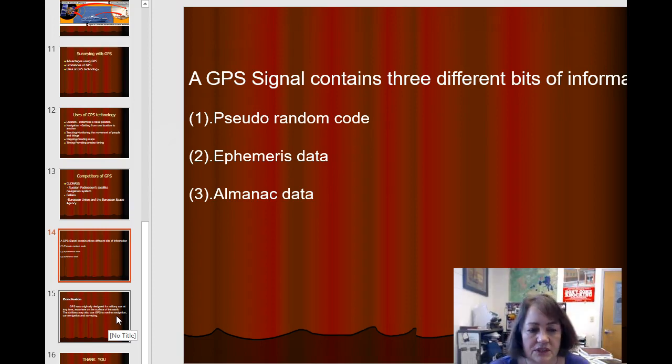So those are just databases that GPS systems, or the computational portion of the receiver unit, has access to. And so your receiver is always checking with the satellite to make sure that everything corresponds.